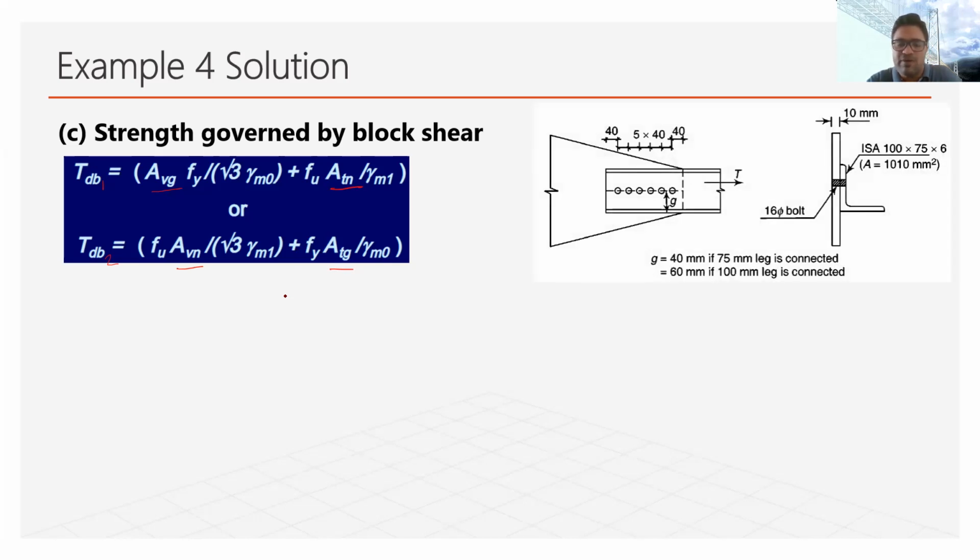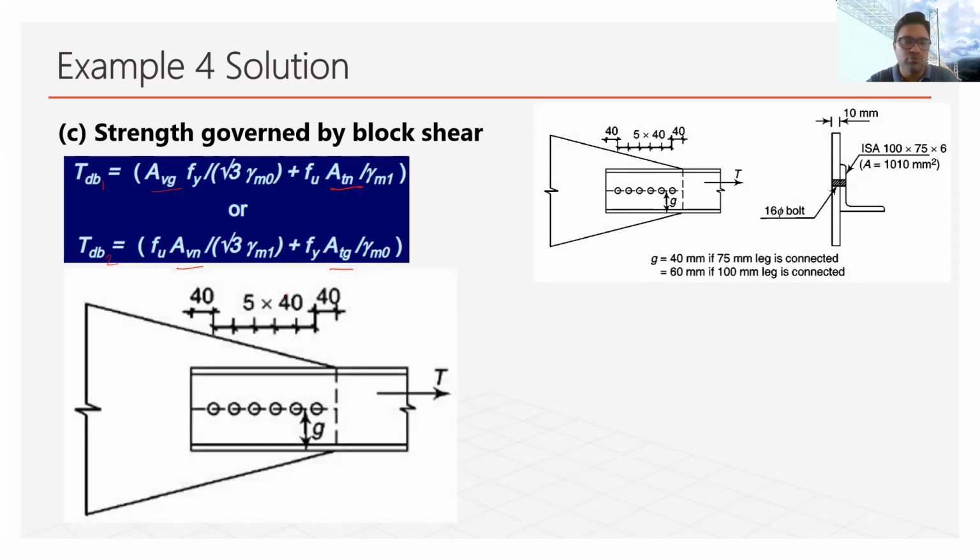So now we will find out how these values will be calculated. First of all, if the force is like this, then the reaction will be like this. So in block shear, we assume that if the force is higher, what may happen is, again, don't consider these two lines, these are basically a single line.